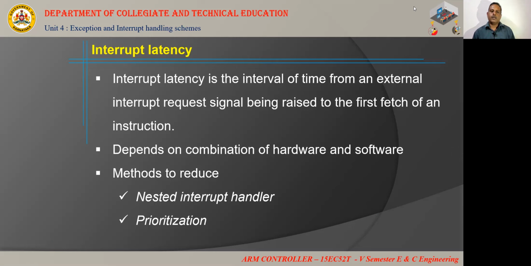Such methods are the nesting of the interrupt handler and prioritization. There are two methods using which we can reduce the interrupt latency to a considerable extent. Then what is this nested interrupt handler and what is prioritization?